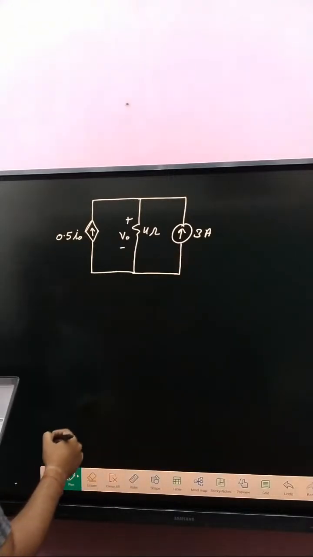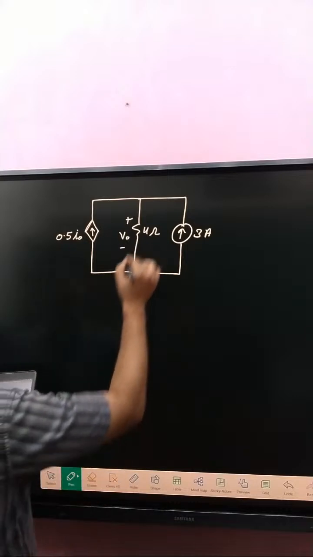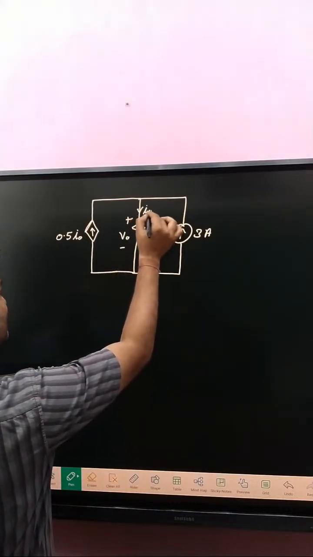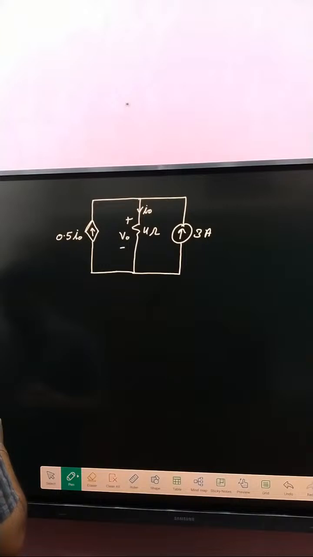Okay, and here I naught. Our motto is to determine V naught and I naught.